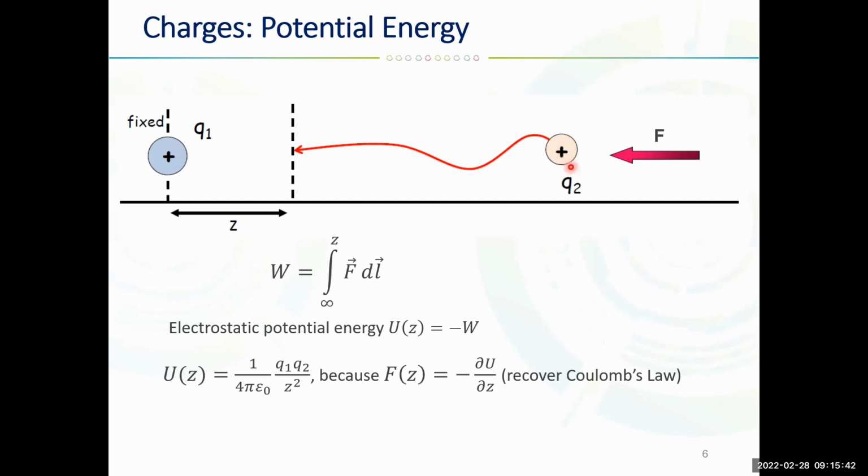Here we start moving Q2 at some position far to the right, and then we want to relocate it to the left side, to some final position that we call distance Z.